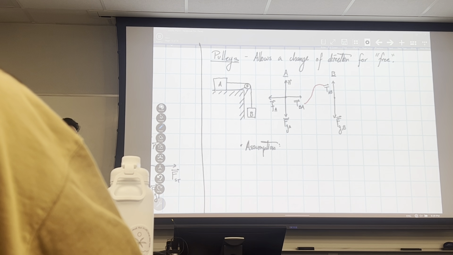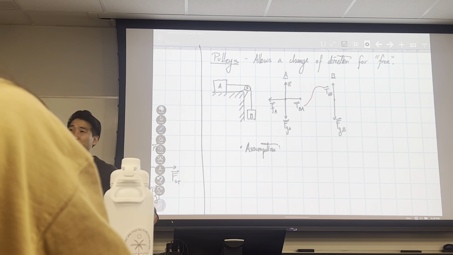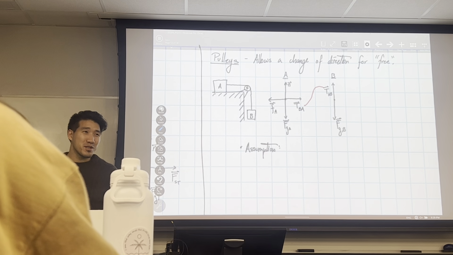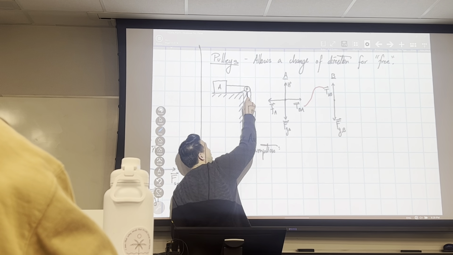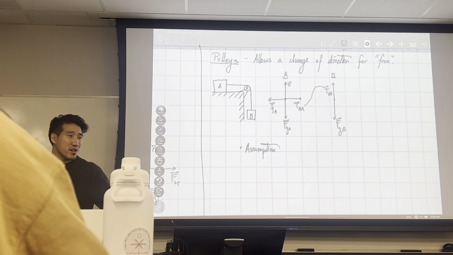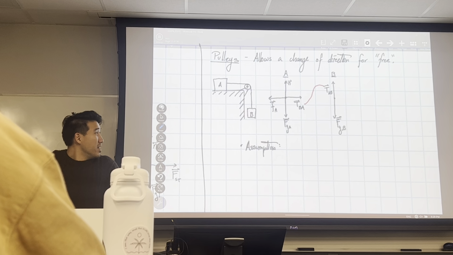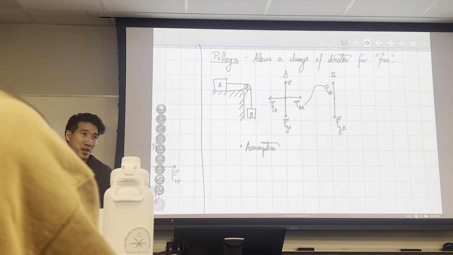Now, in the most recent lab you did, which was still 2 weeks ago, you guys used a pulley on the force table. Do you guys remember that? Pulleys work by there being a spinning wheel where a rope is latched onto it. The pulleys are meant to have very, very low friction, but it still does have friction.